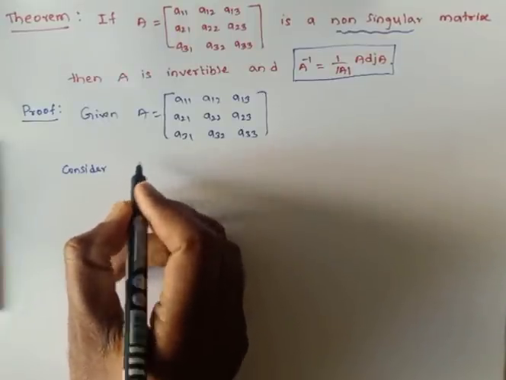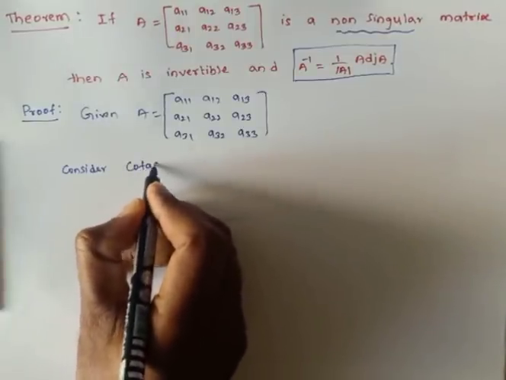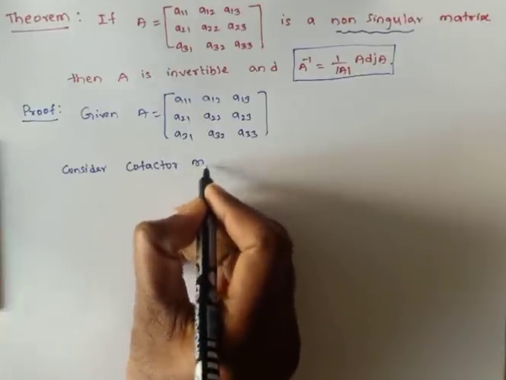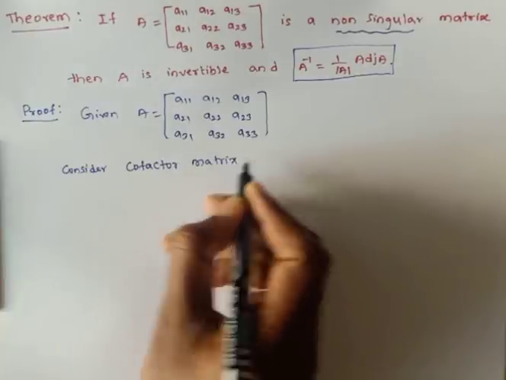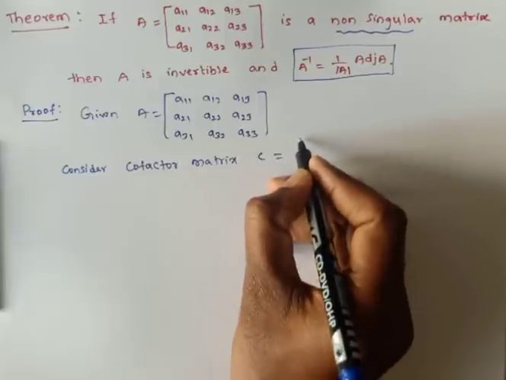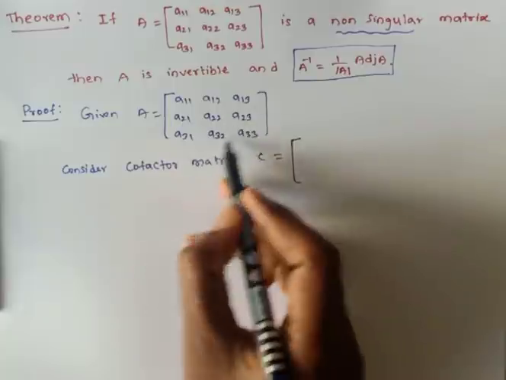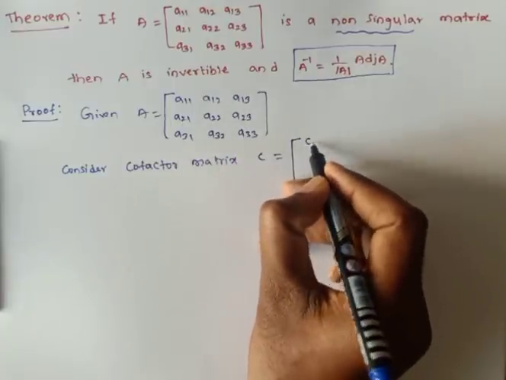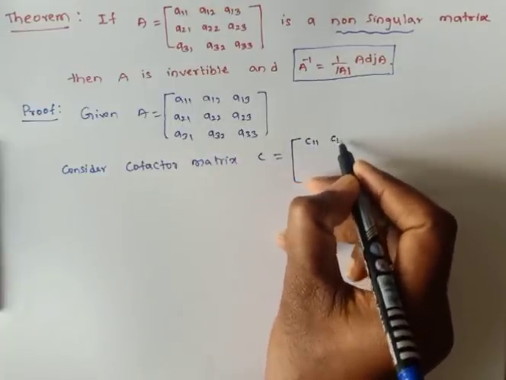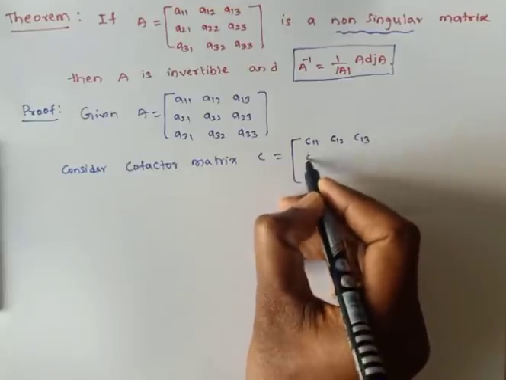Consider the cofactor matrix, which is denoted by C, which contains the cofactors of each and every element of the given matrix. Let it be denoted by C11, C12, C13 like this.